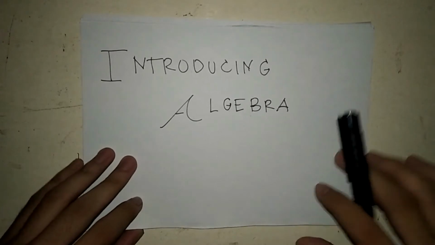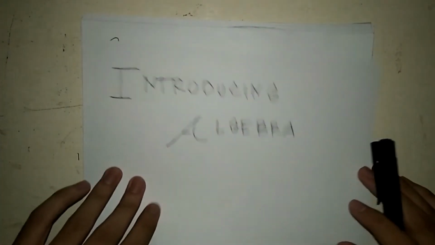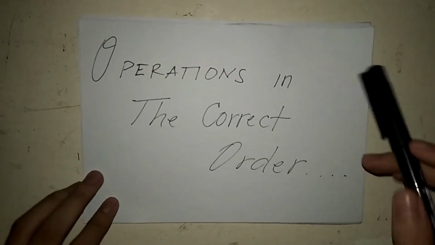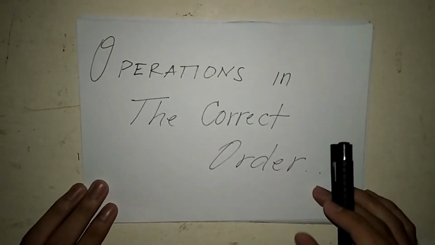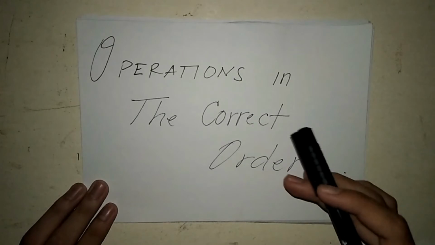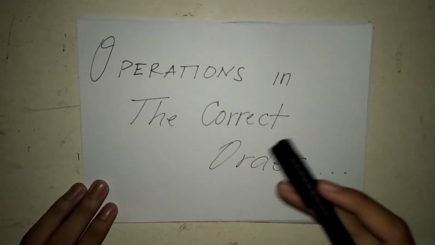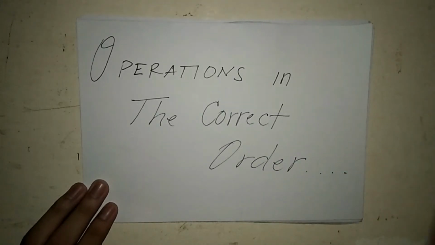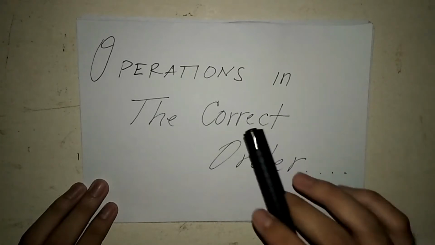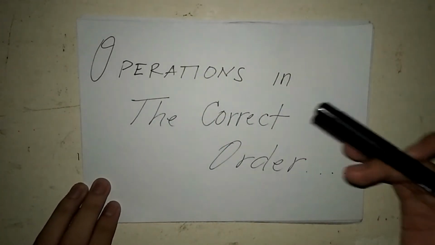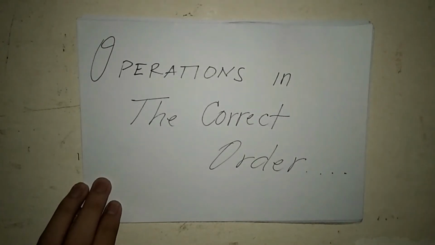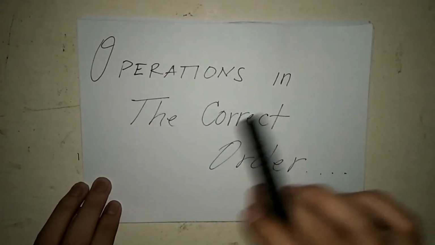So yung topic natin about algebra, it is operations in the correct order. So mostly kasi ng mga nagsosolve when it comes to maraming mga operations or parentheses, maraming nagkakamali because hindi nila alam yung process or yung correct order para i-solve yung isang problem.